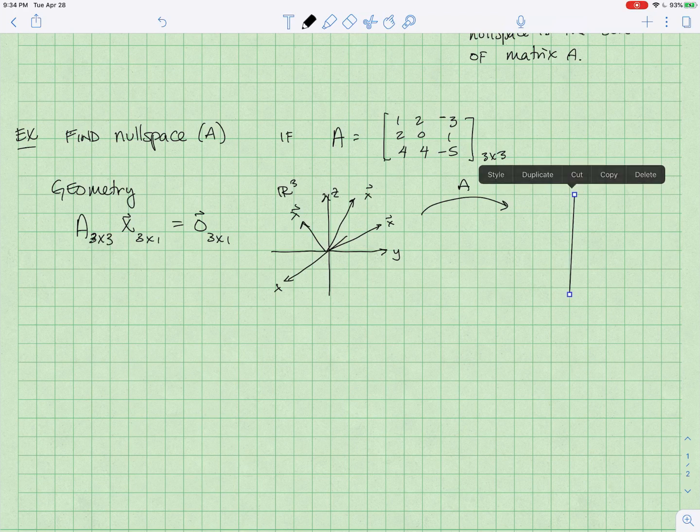Again, we're simply interested in which one of these vectors gets mapped to 0. Not all of them are going to get mapped to 0, but that's what we're looking for. Again, Ax. In this case, it's 3 space to 3 space, x, y, and z.